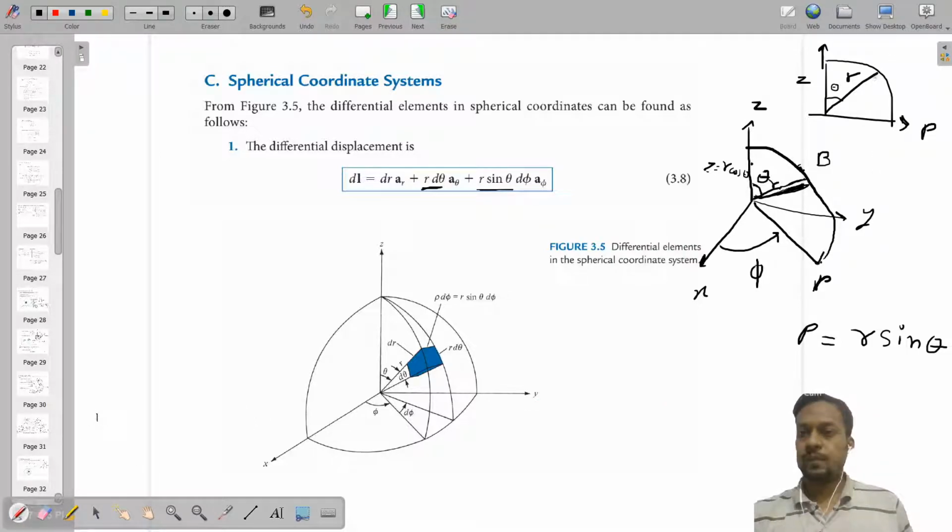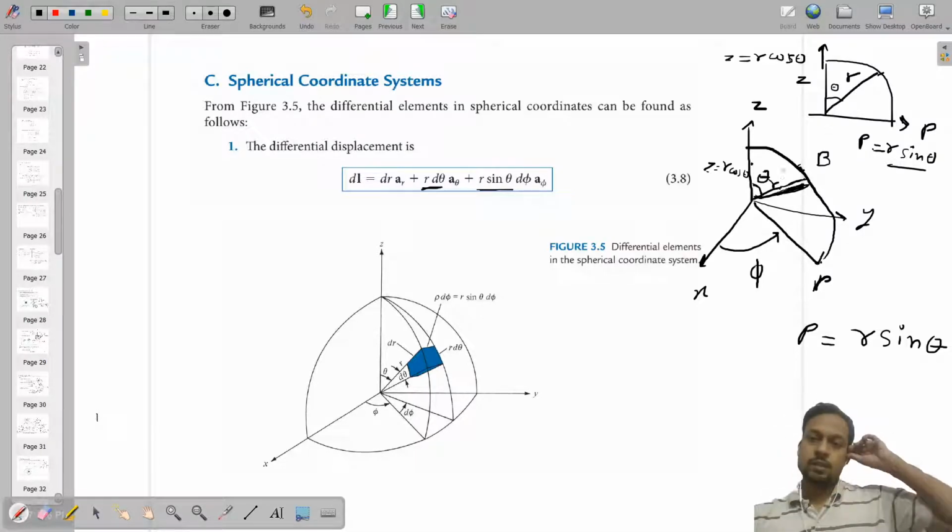See here, if this is the vector r, then the z component in terms of vector r can be written as r cos theta, and the p component in terms of r can be written as r sin theta.